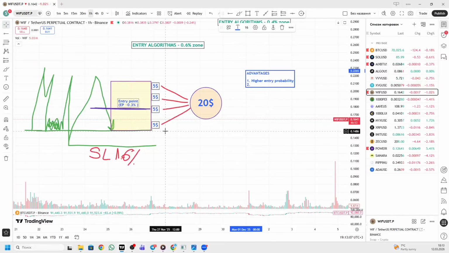And so on. You just set your limit orders and that's it. The position structure is ready. You calculated everything, placed the orders and moved on. You don't need to sit there clicking every minute, you know. So let's write down the second: simple position building.